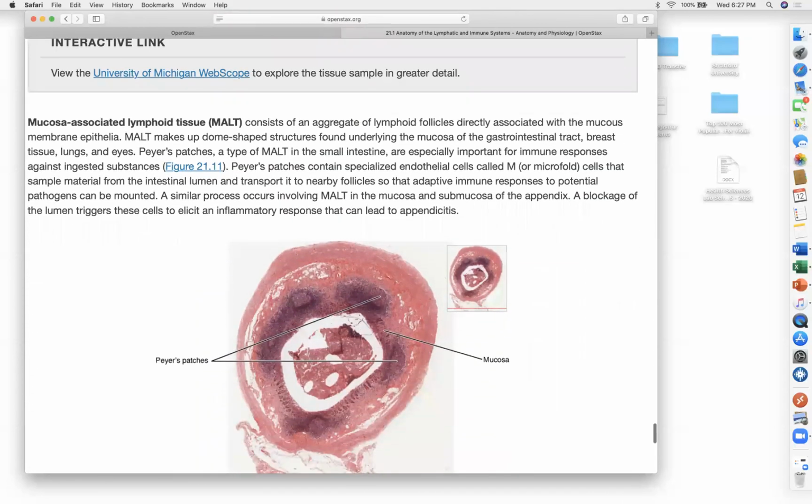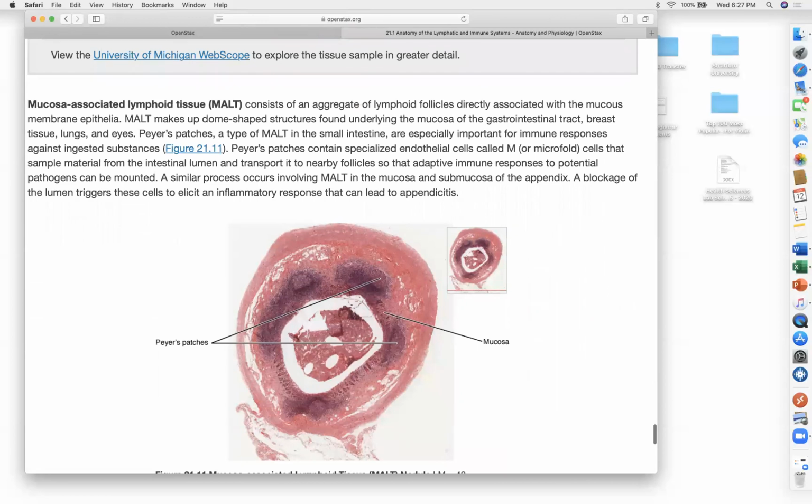Oh, let's talk about the MALT, mucosa-associated lymphoid tissue. Remember I just mentioned that your mucosal lining and your GI tract has tons of potential for E. coli messing up your day, right? Well, it makes sense that there will be lymphoid tissue within and around your GI system.